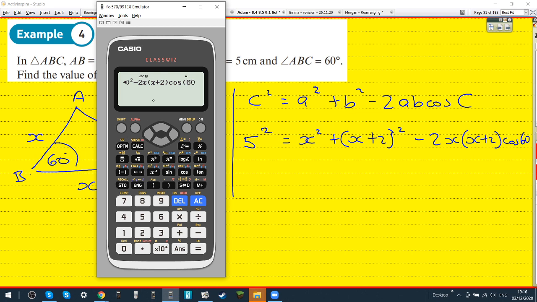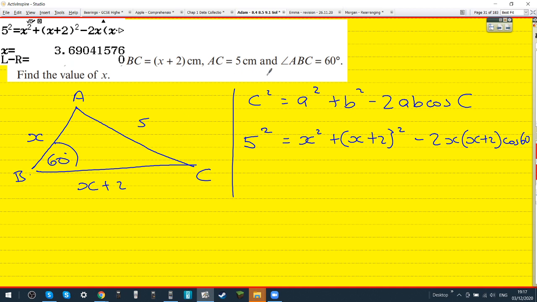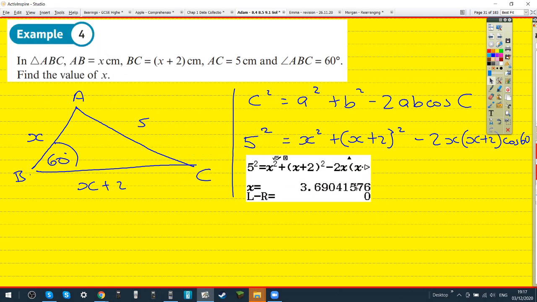Press left. Shift calc for solve. Oh yeah, sorry. I got x is 3.69. X equals 3.69, and let me just check because there's a limitation here.